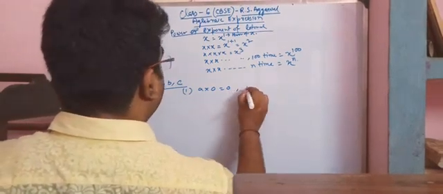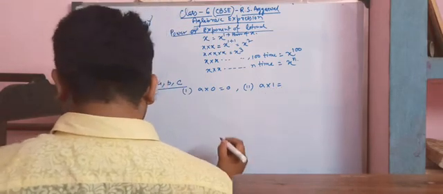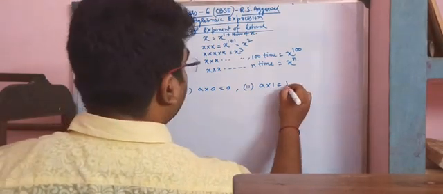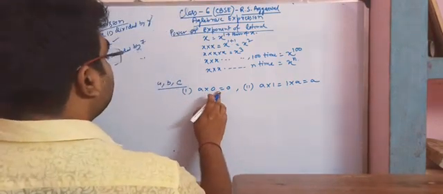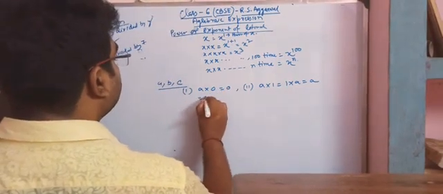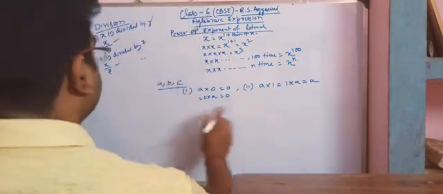Okay. A into 1 is equal to 1 into A is equal to A. Here A into 0 is equal to 0 into A is equal to 0. Okay. So this is 2, this is 3.